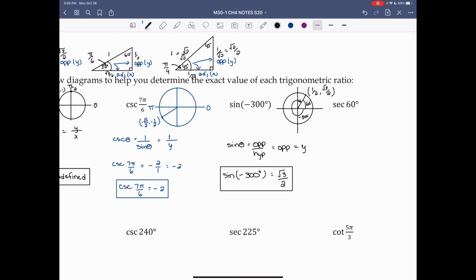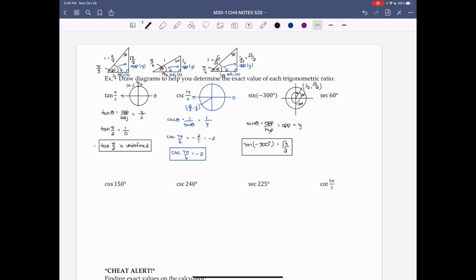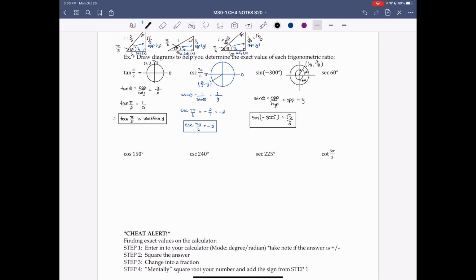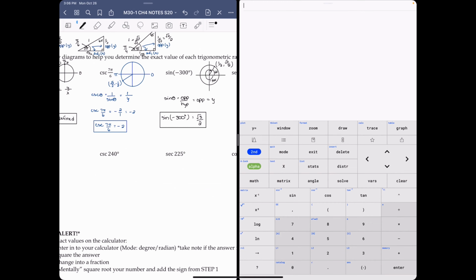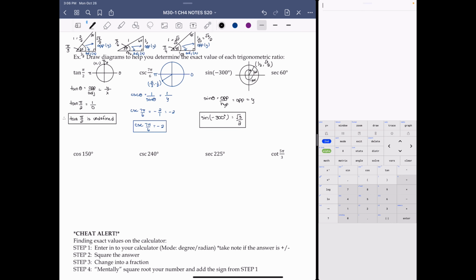We do have a little system that we can use to find these exact values in our calculator, so let's try that with this question. First, we need to enter the trig function into our calculator, but we need to make sure we're in the correct mode. So in the TI, I would go to mode. In the Casio, I would go shift menu.